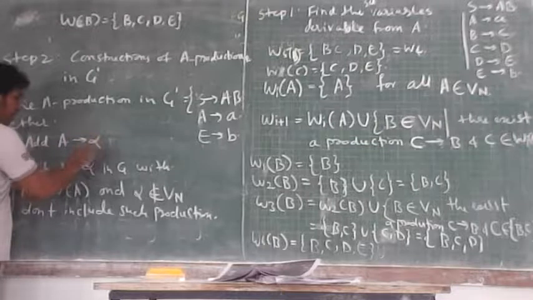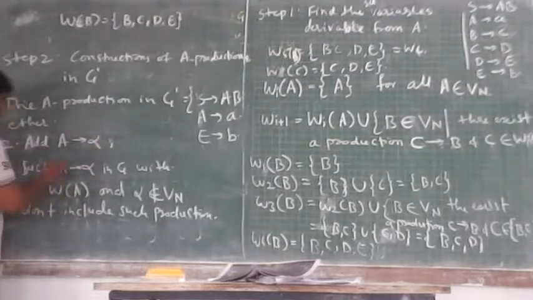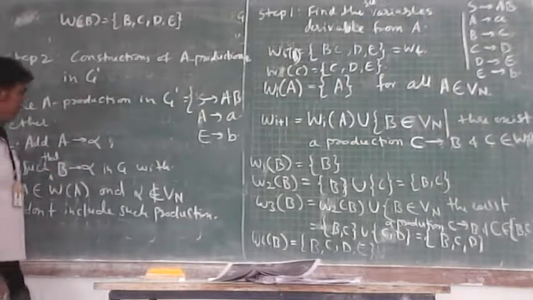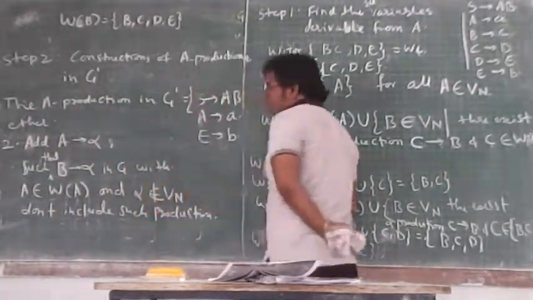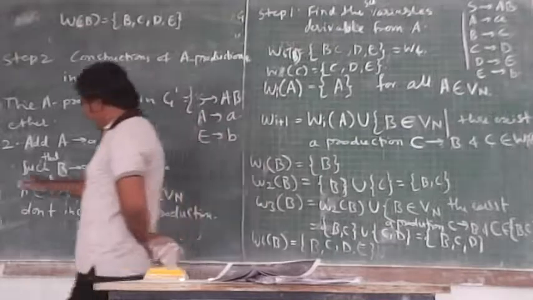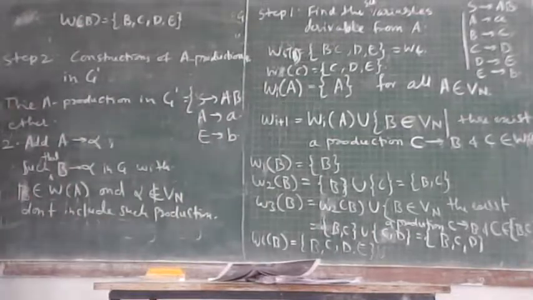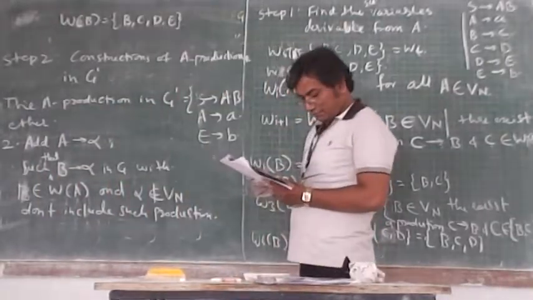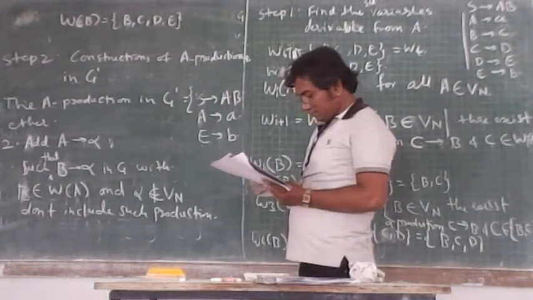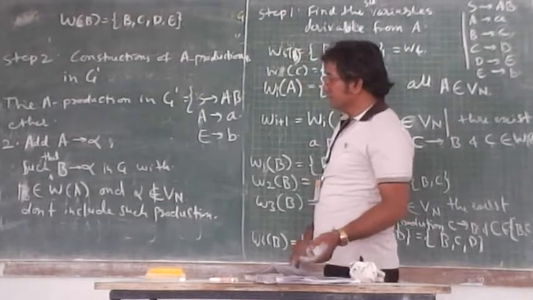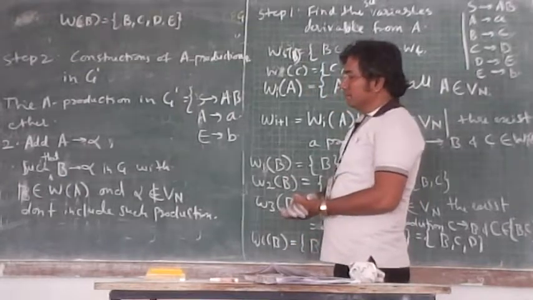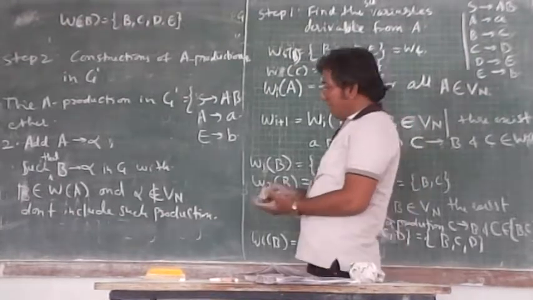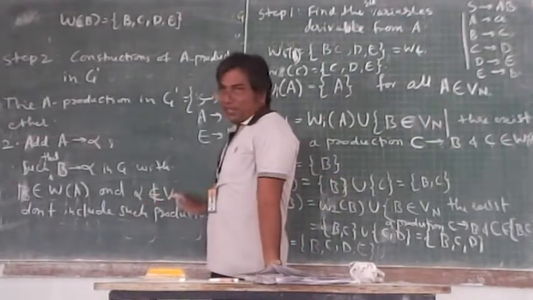Add A implies alpha such that B implies alpha is in G, with B belonging to W A and alpha belonging to V S. And this alpha should not belong to Vn.